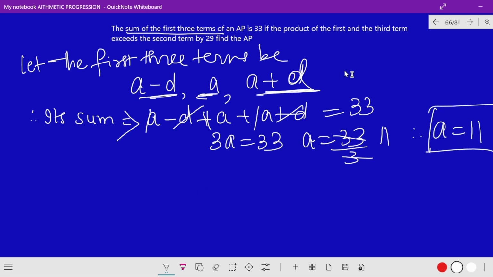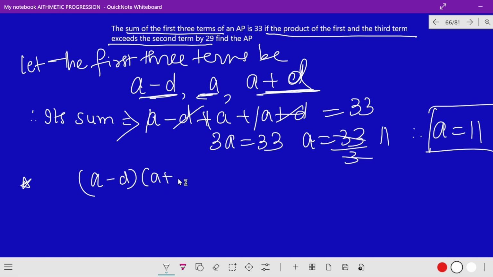Now, after getting A is equal to 11, it says the product of the first and third term exceeds the second term by 29. Product of the first and third term: what is the first term? A minus D. Third term, A plus D. So A minus D into A plus D exceeds the second term by 29.